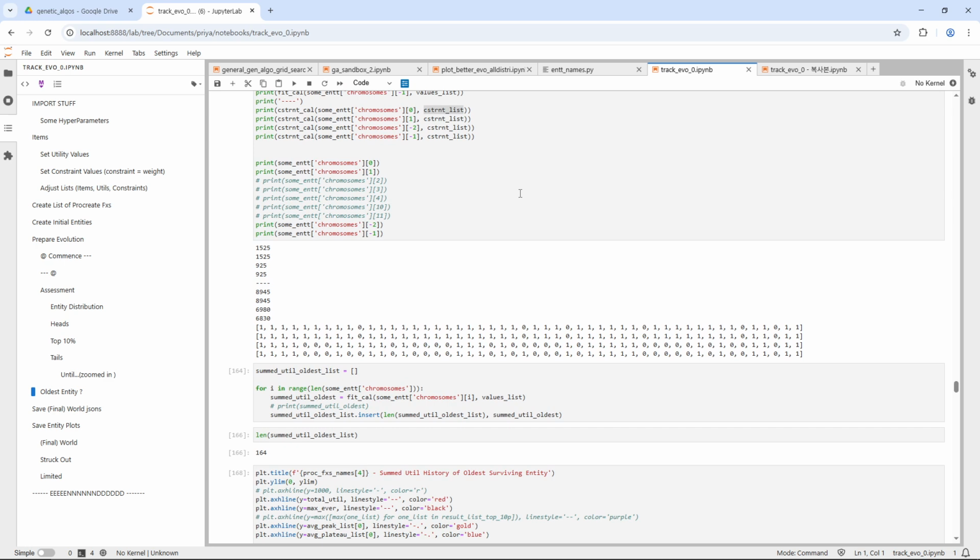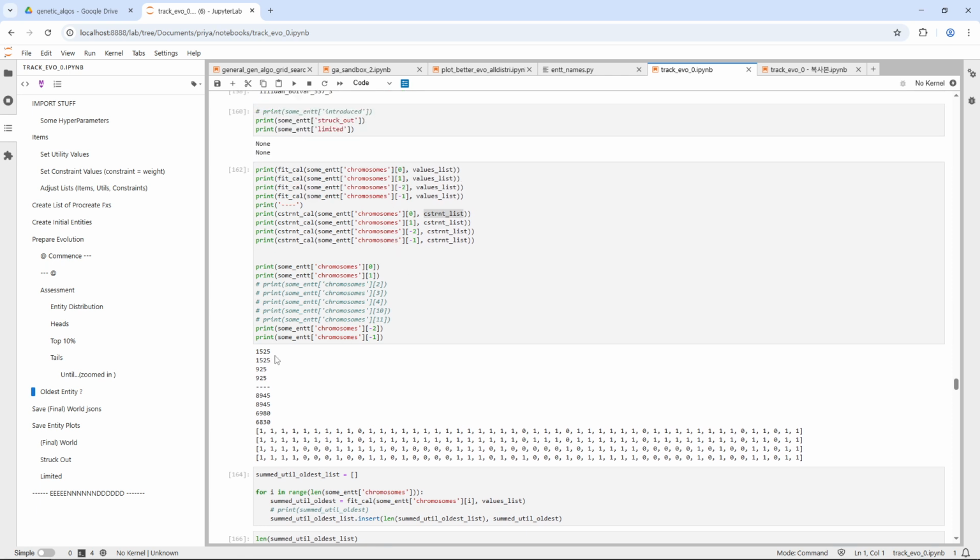But what usually happens is that when an entity starts off with a relatively high value in terms of some utility values, it will decrease over time, and then it will slowly be ranked lower and lower.